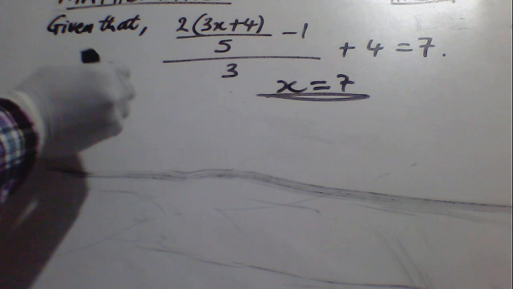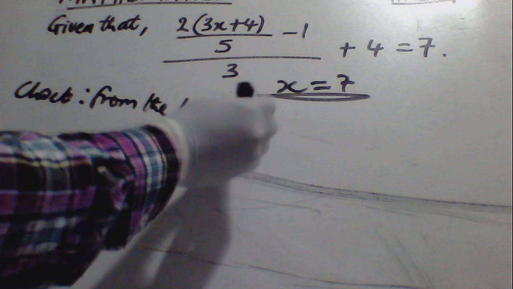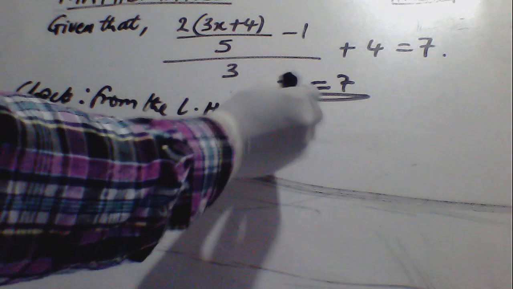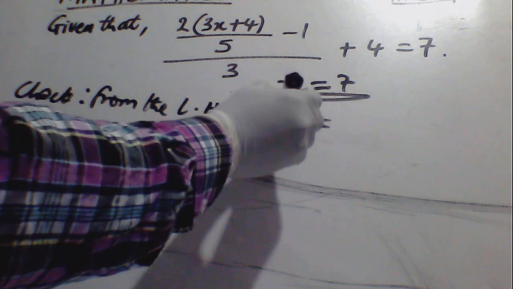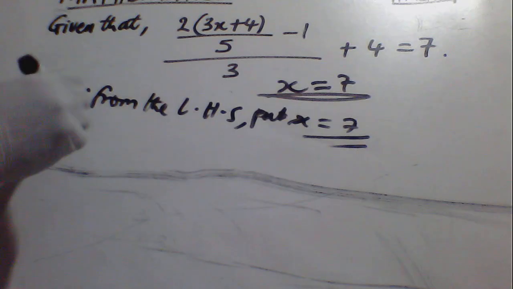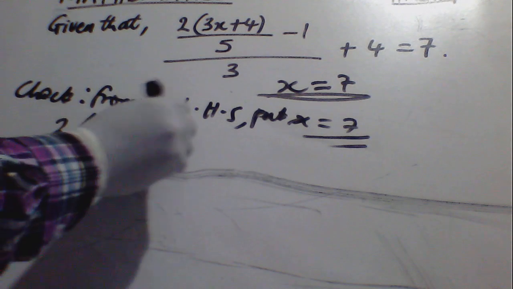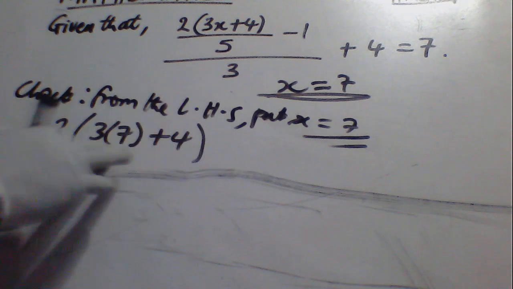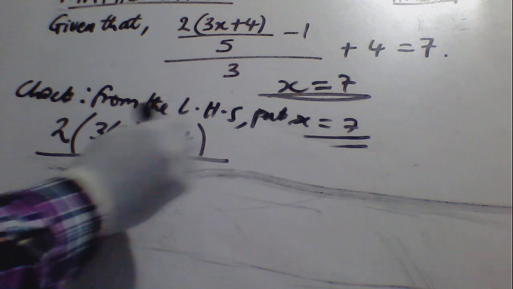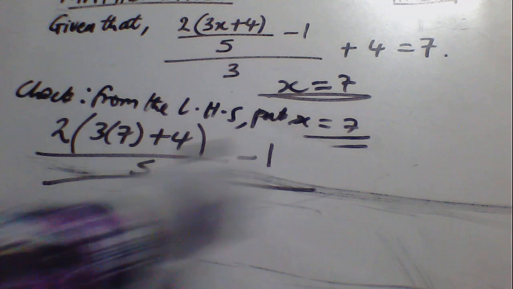Put x is equal to 7. Wherever you see x here, you put 7. So we have 2 in bracket 3 in bracket 7 plus 4, divided by 5, minus 1, all divided by 3, plus 4.